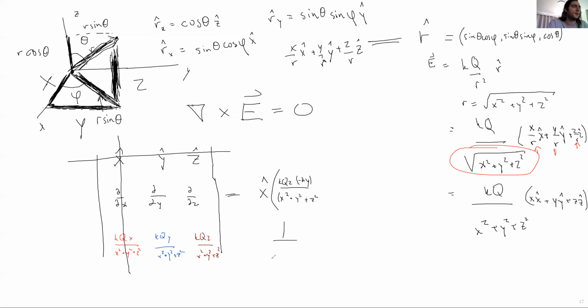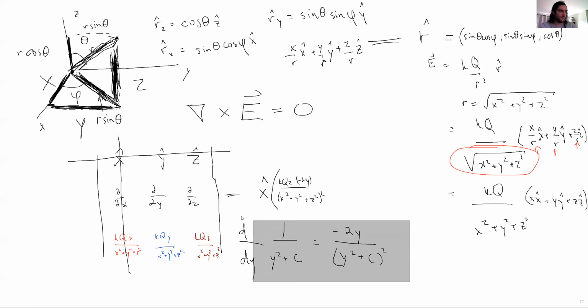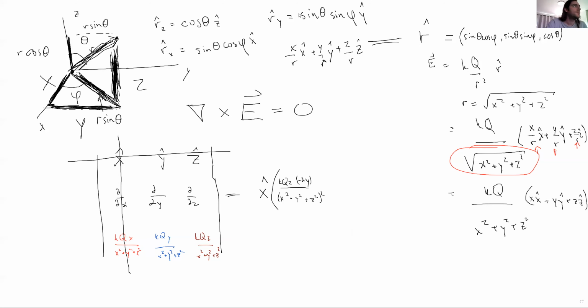Yeah, the derivative of y squared plus some constant here, the derivative of this with respect to y, you get 2y. This is basically to the minus 1, so you get this, and then the whole thing on the bottom gets squared. Oh yeah, okay, so not 3 halves, it's just squared. Let me know if I make a mistake. Okay, so we have this.